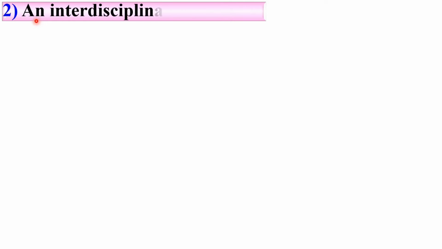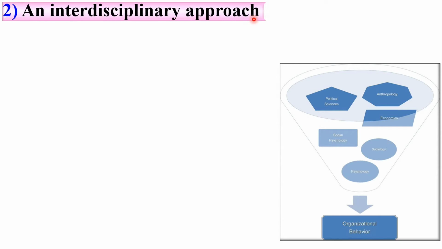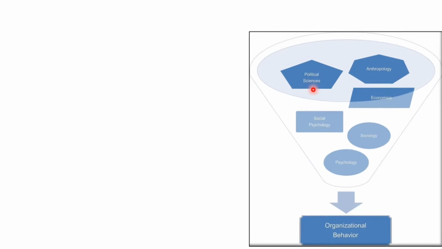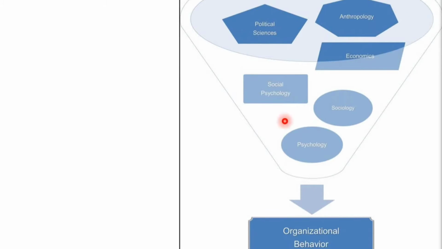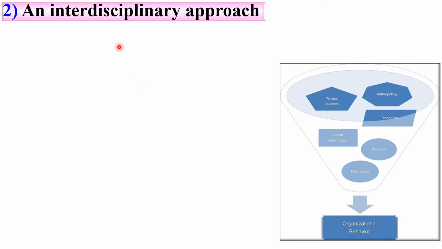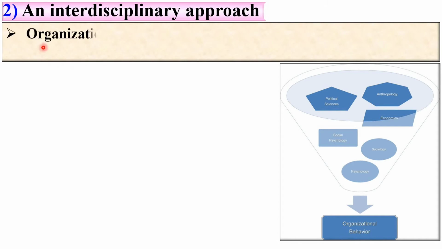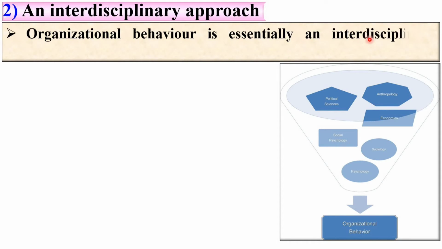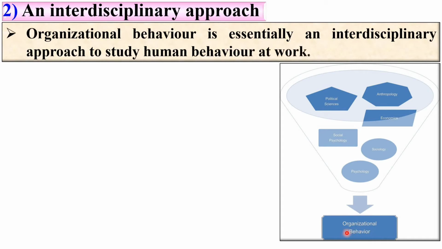Next, second one, OB is an interdisciplinary approach. Here you can see these are the different disciplines which are used in organizational behavior. That's why it is called as interdisciplinary approach. So organizational behavior is essentially an interdisciplinary approach to study human behavior at workplace.